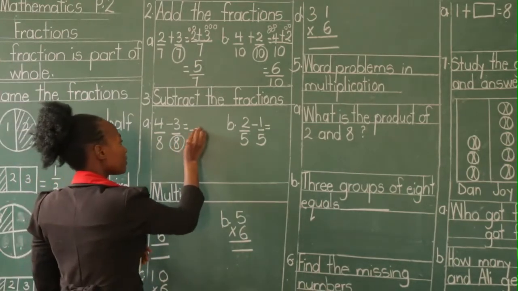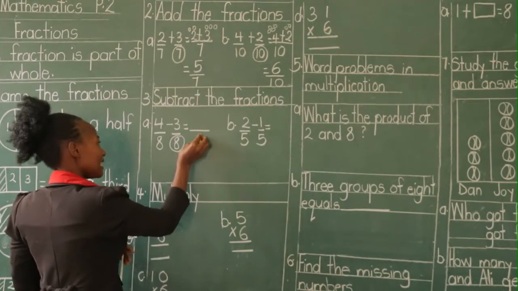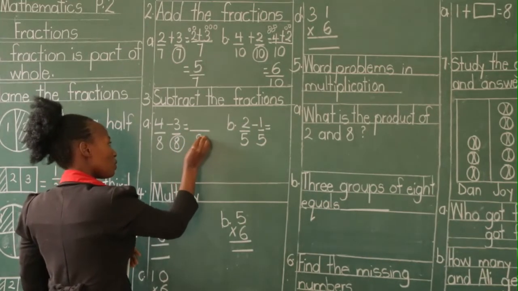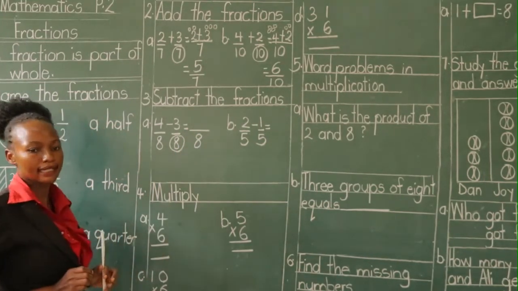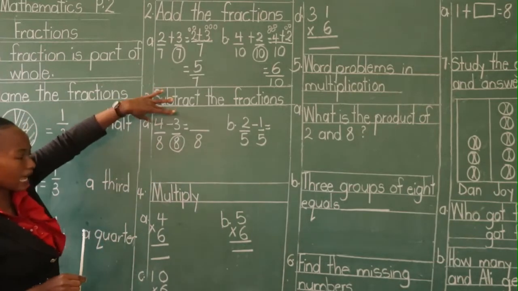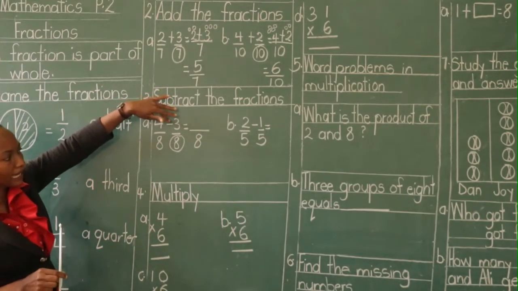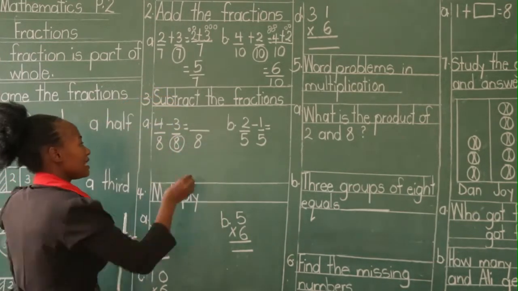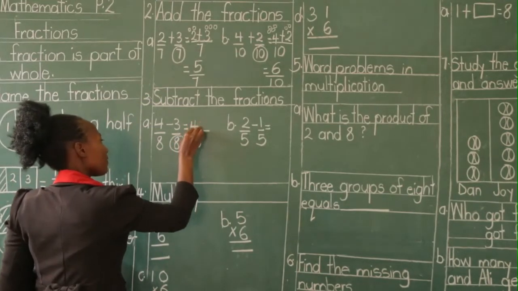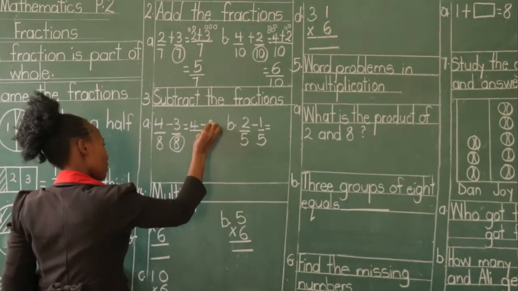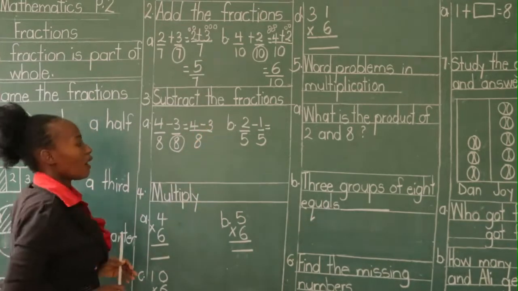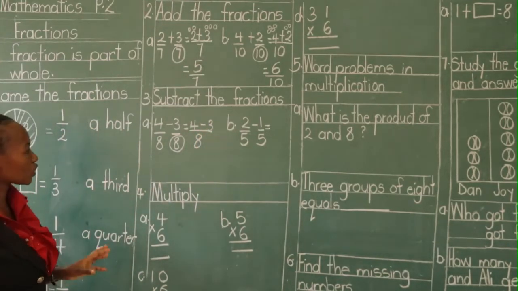Out of, let me put my denominator first, because I'm going to be moving with it so that I don't forget it. Then I get the numbers up. 4 minus 3. I write it here. Now I want to find the answer. Which fraction are we going to get?